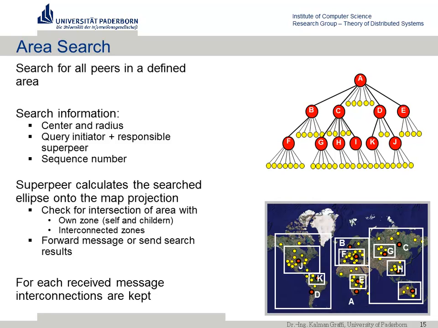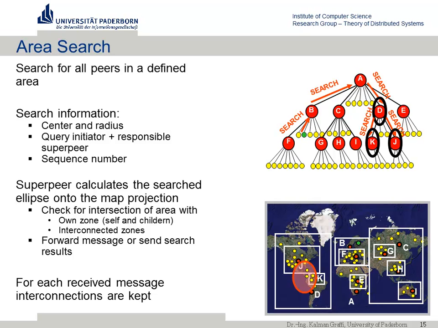Let's have an example. Okay, so this is node B. It's looking for something, and that's why this node in the area of node B is addressing its search to node B, and this is the area that is looked for. What B does, if it wouldn't have some interconnections, just in the plain protocol, is forward the message up to the root, which is the first one that totally involves the whole searched area.